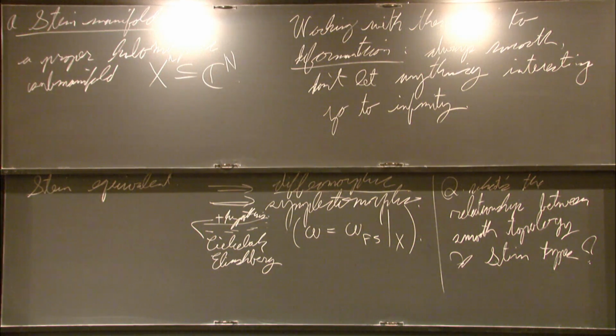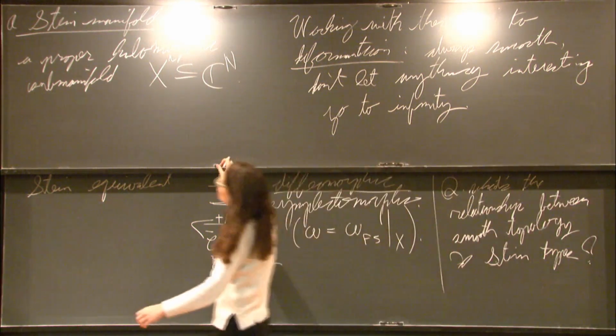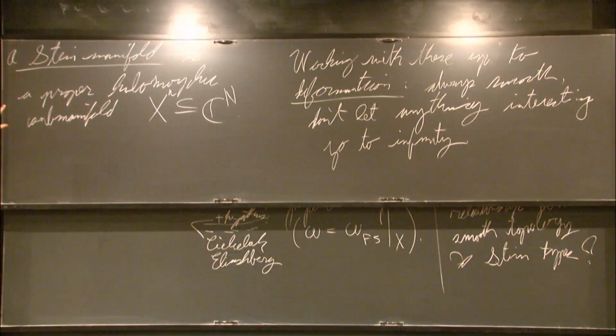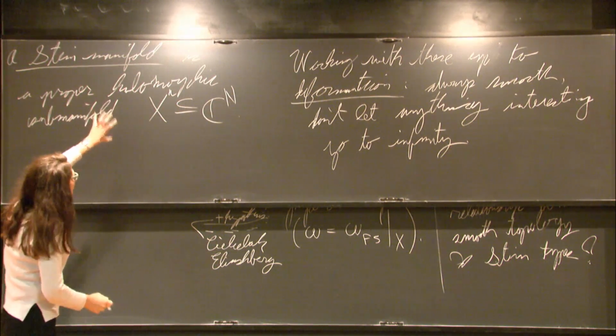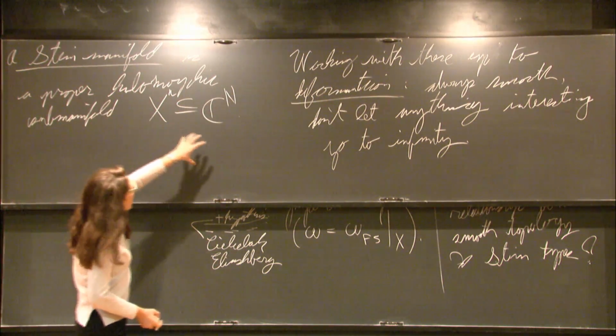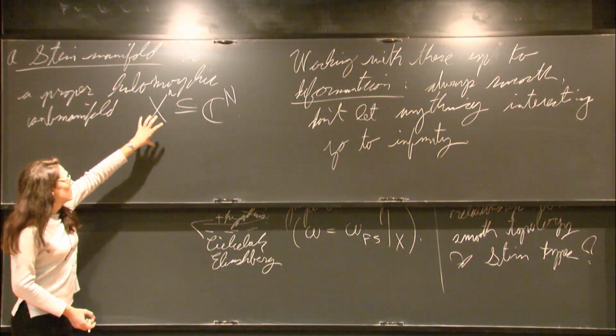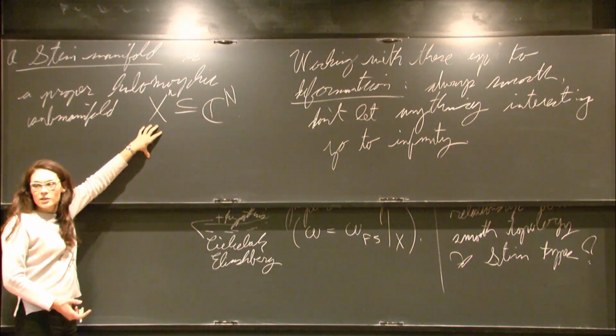In your original definition, is it proper? Did you mean that this couldn't be the entire space, or could it be the entire space? Sorry, proper means, in the point-set topology sense, that if I take any compact set in C^N, then the intersection with X is compact.